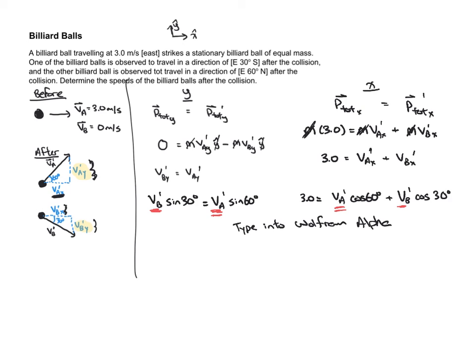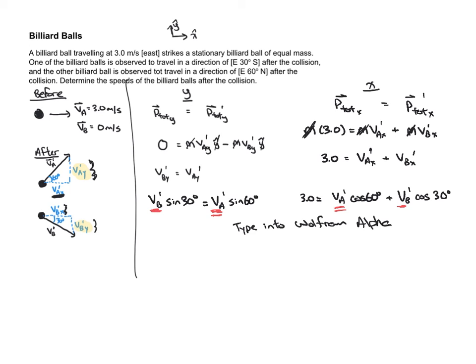So I'm not going to really type VB prime and VA prime. So I'm just going to use, I'll just say B and A actually. So I'll say B times sine bracket 30, close the bracket, equals A times sine bracket 60, close the bracket.